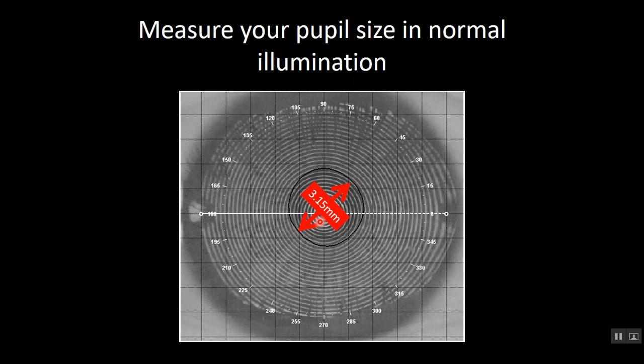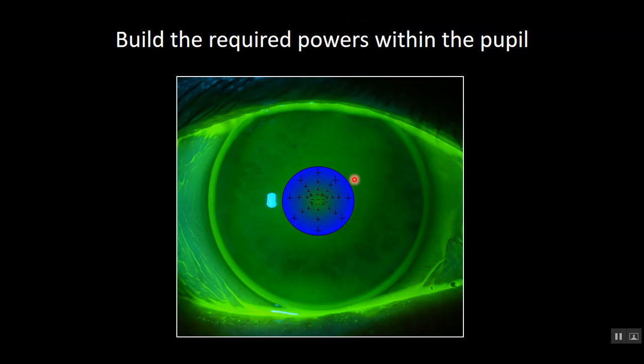We need to know how big a pupil we are dealing with that the powers need to be distributed within. It doesn't help to create a 2 add out here at 4 millimeters if the pupil size is only 3.15. Then, if we know the pupil size, we can appropriately distribute distance, intermediate, and near within that measured pupil.